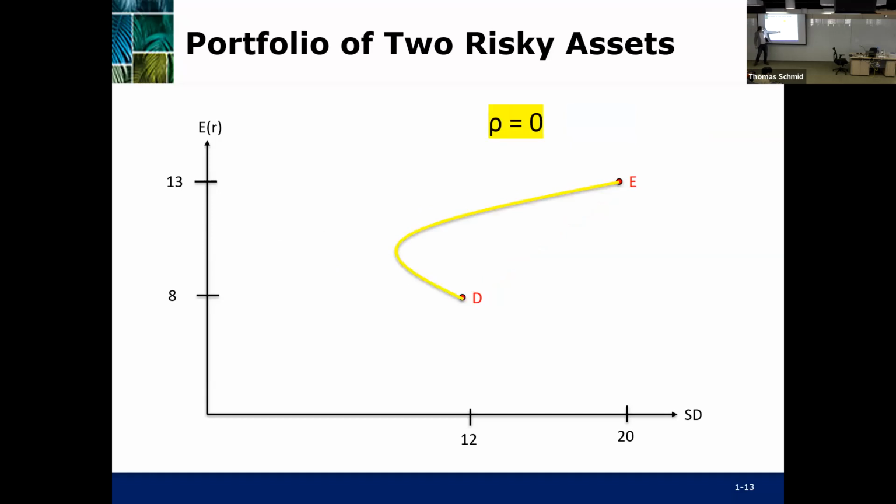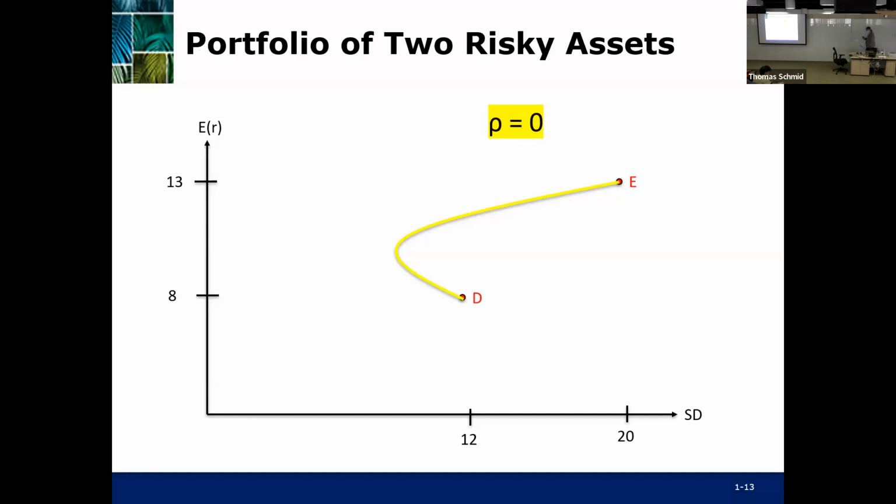These points on this yellow curve now show the risk-return combinations of all the possible investments in this world where we only have the two risky assets D and E with a correlation of 0. There is no risk-free asset, there is no bank, there is no borrowing, there is no savings account, nothing like that. It's only those two risky assets. In this world, you can invest in D directly, you can invest only in E, or in a portfolio that consists of D and E, and then you get the points along this yellow line.